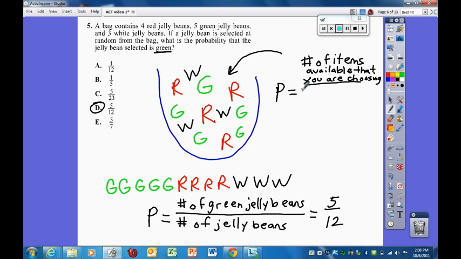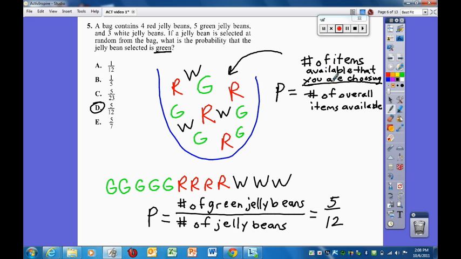Divided by the number of overall items available. Now, you got to make sense of this. I'm writing this in layman's terms. That means I'm just trying to make it a little more understandable for you.